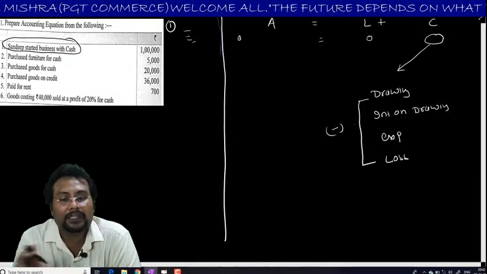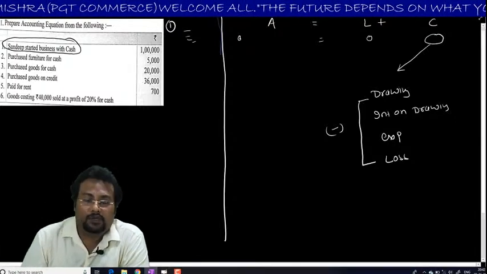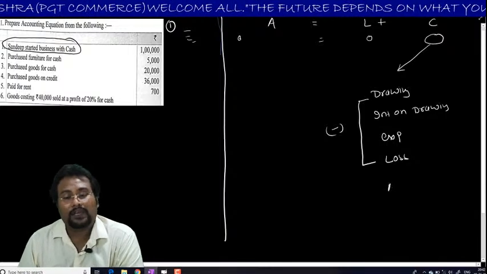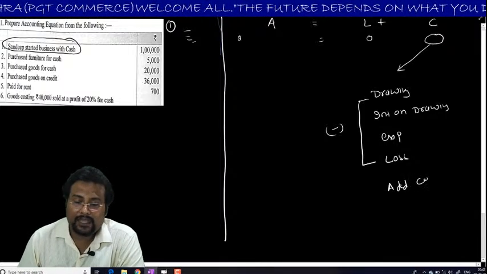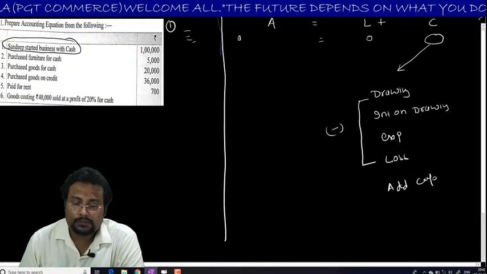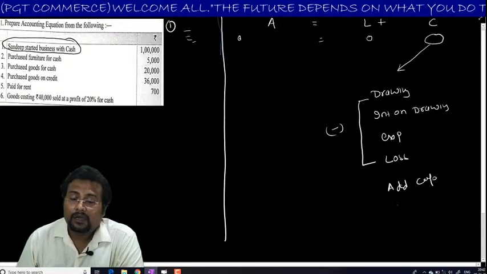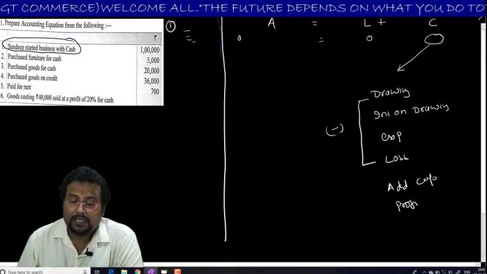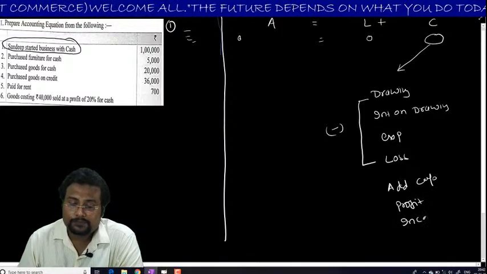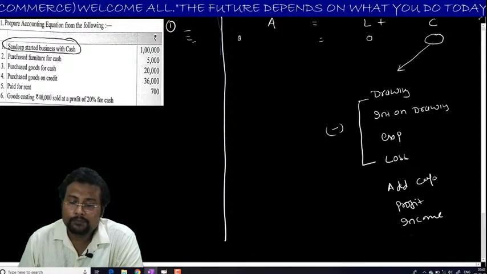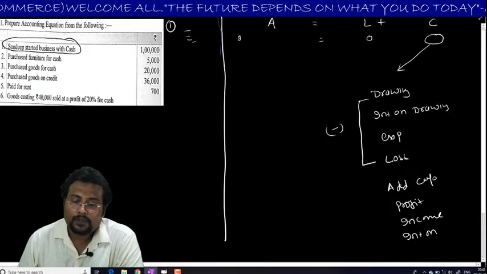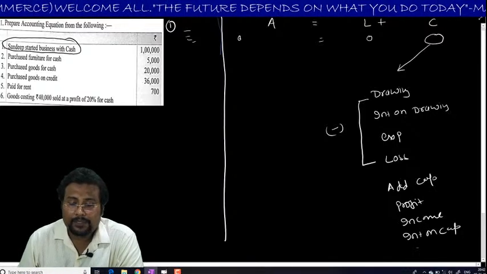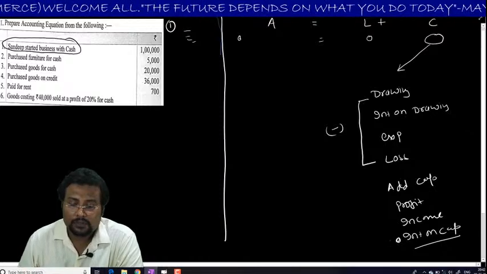Expenses and losses you already know. What will add? Additional capital, any profit, any income, any interest on capital will also add.